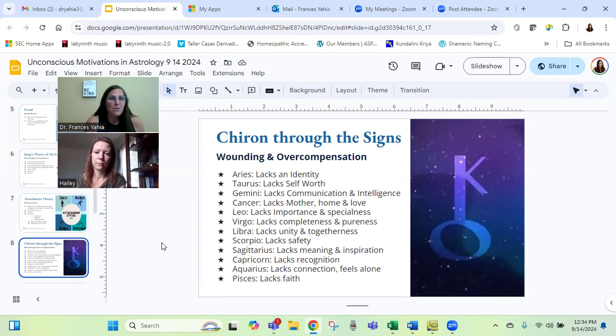They're lacking roots, they're lacking stability, but they sell you as if they're super stable. So that Chiron is really, really integral when we're realizing the unconscious motivations in a person and how they speak, specifically archetypally. You're usually going to hear the person speak the opposite of their Chiron sign so that you can identify archetypally that that's where they feel most wounded.